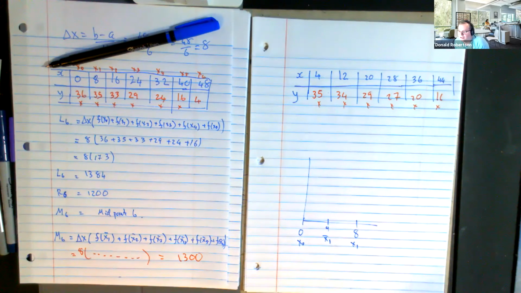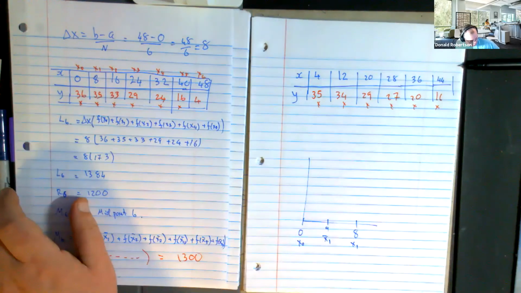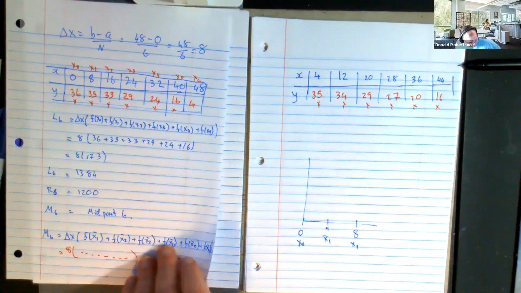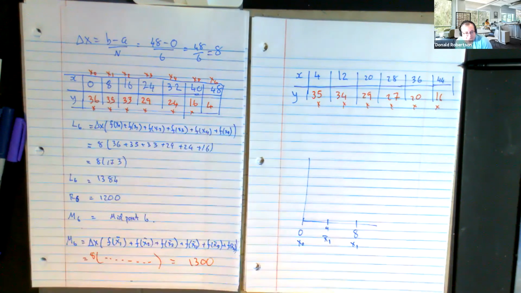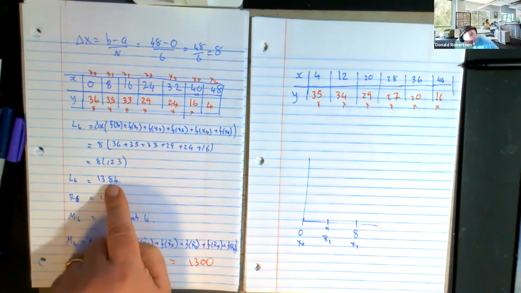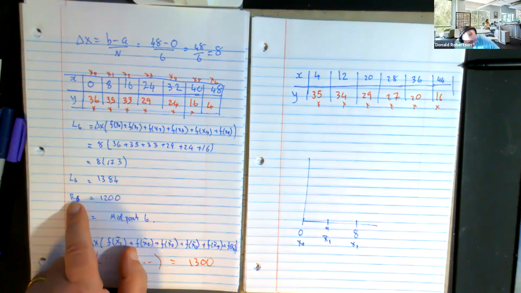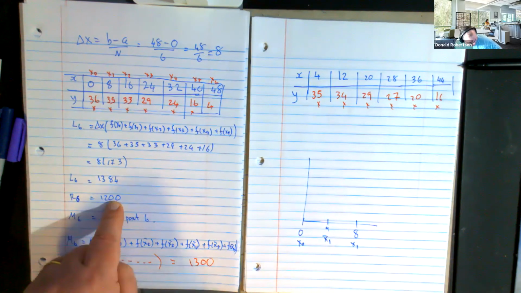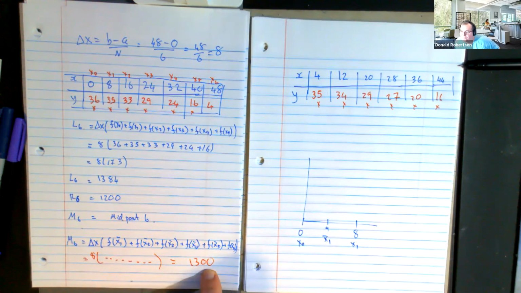Just for argument's sake. So we have got 3 different ways of estimating the area under a curve using only these points. We really did L6, it was that number. We could have done R6, we'll pretend it's this number, and we kind of have done M6, which is this number.